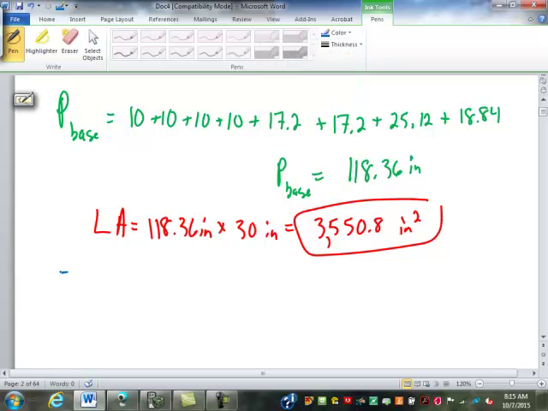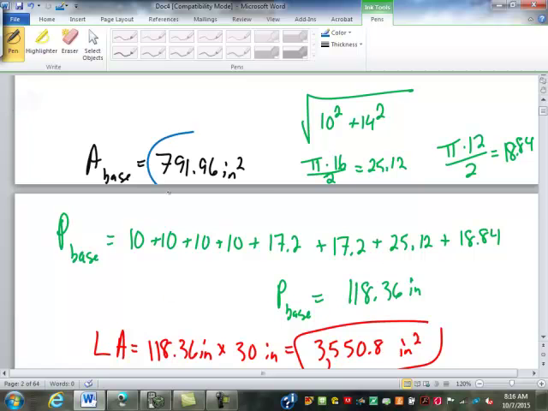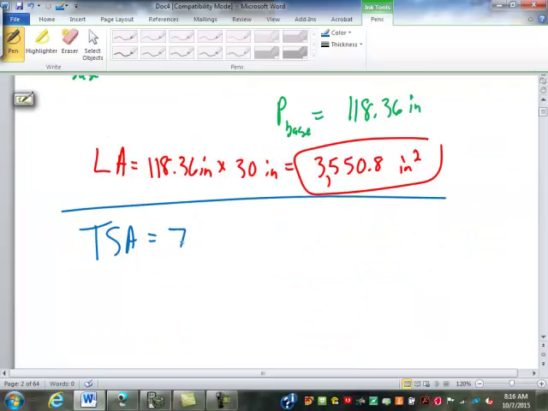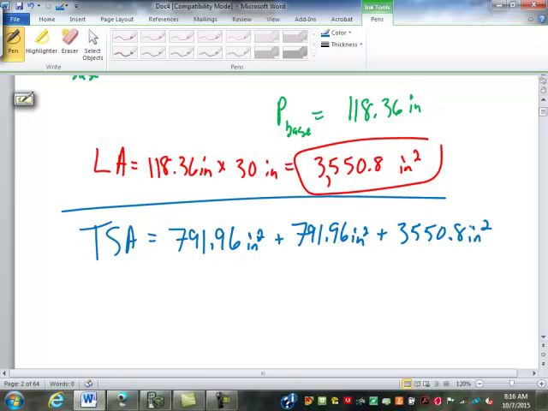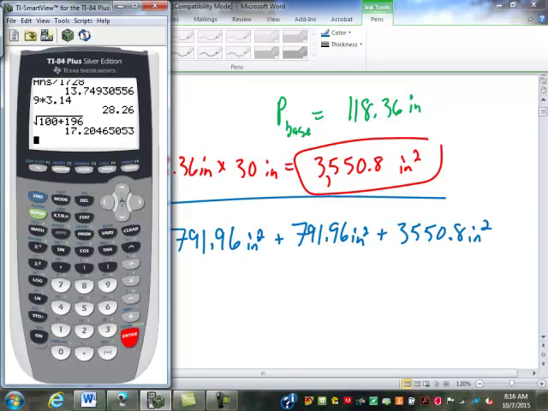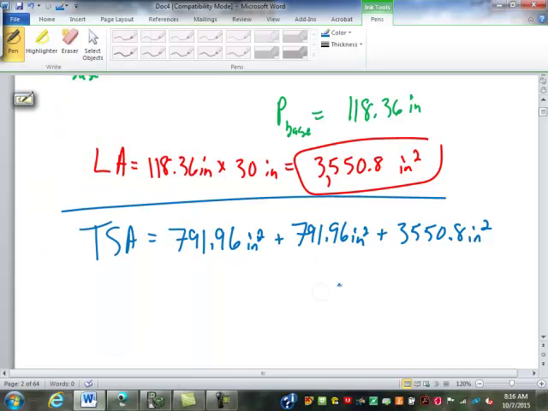So my total surface area is the area of my base, 791.96, plus the area of the other base, 791.96, plus the lateral area, 3550.8. It's going to give us 5134.72 square inches.